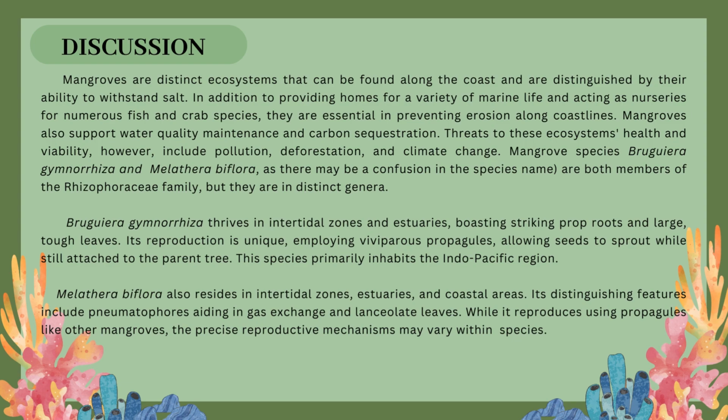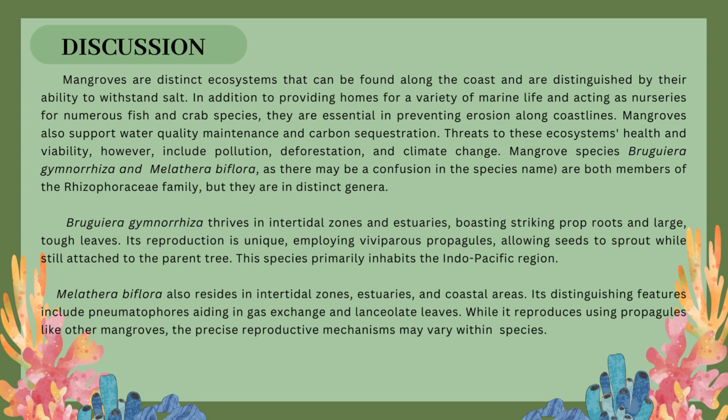Bruguiera gymnorrhiza thrives in intertidal zones and estuaries, boasting striking broad roots and large leaves. Its reproduction is unique, employing viviparous propagules, allowing seeds to sprout while still attached to the parent tree.